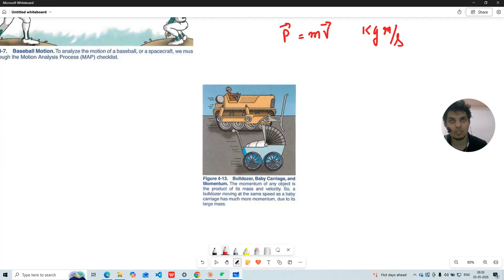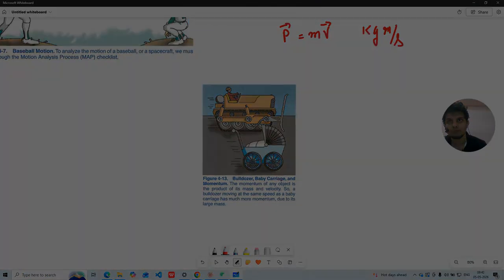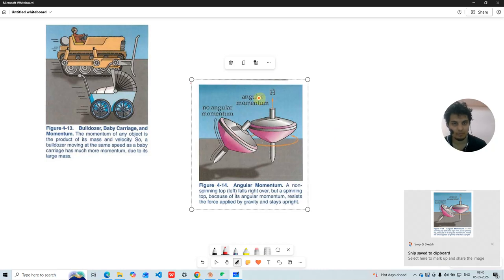If we set the top upright on the table, it will fall over. But if we spin it fast enough, the top will seem to defy gravity. A spinning object tends to resist change in the direction and the rate of spin, like the toy top shown in the figure. Let me show you the figure. So see, some very basic principles of physics are being applied.